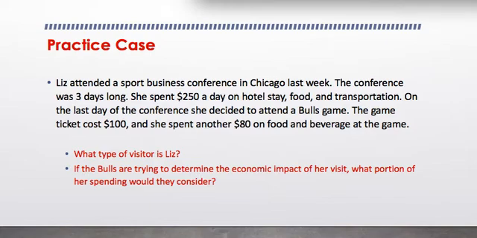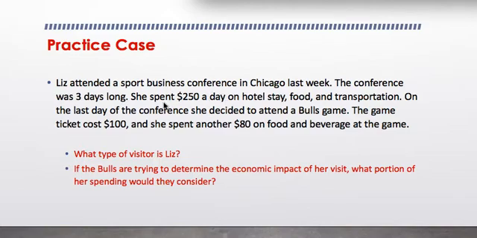Hopefully you said casual visitor, right? Because I came to Chicago for another reason, right? I came to Chicago for the Sport Business Conference. And then while I was there, I decided, oh, hey, might as well check out a Bulls game. So because I'm classified as a casual visitor, the portion of my spending that the Bulls would want to account for is just the event-related spending, right?